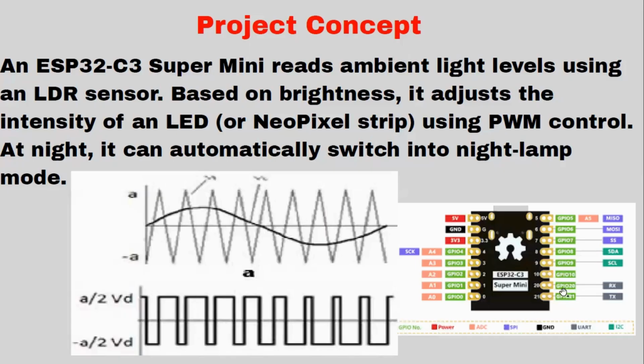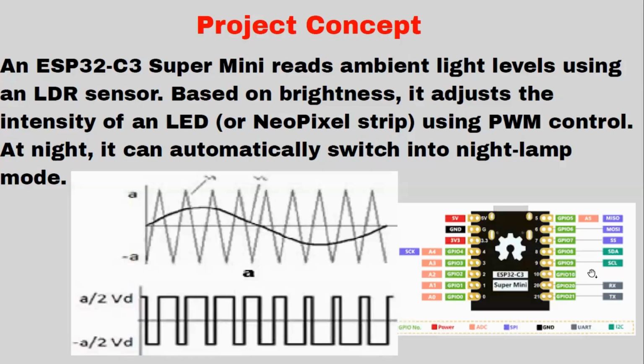On the right hand side, I have shown you the ESP32-C3 Super Mini board with the description of its pins. Okay. So why am I showing these pins? Because for doing any project, when you connect the LED, that particular pin should have PWM control.